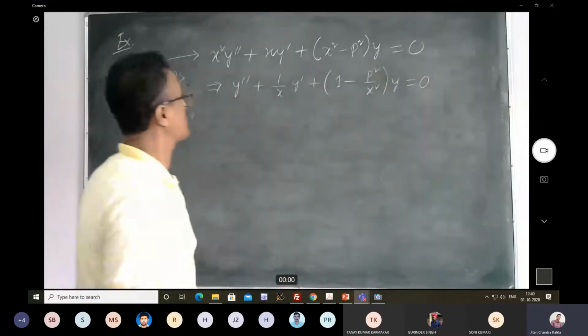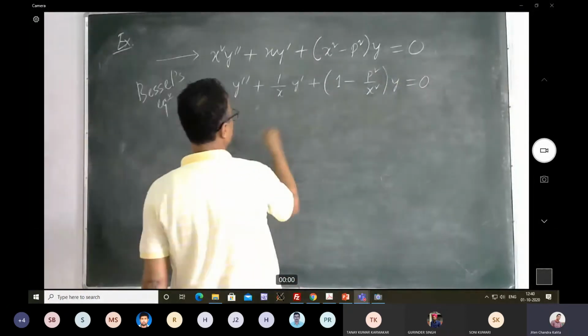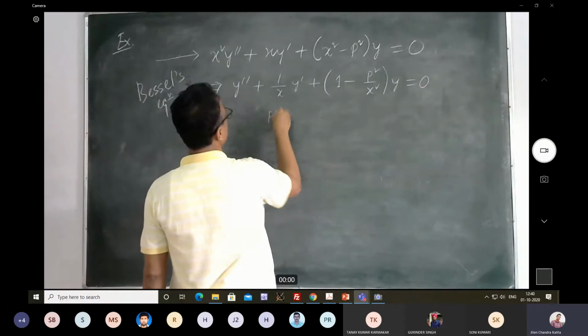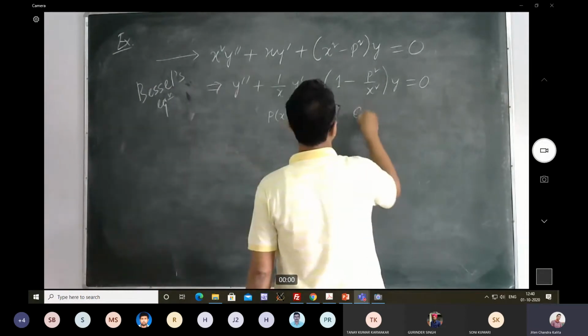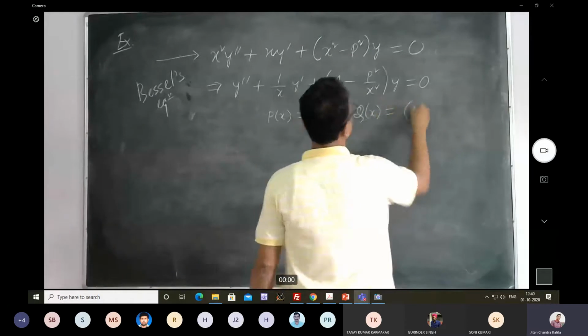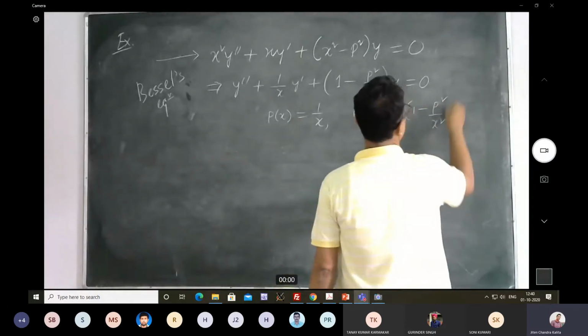If I reduce it to normal form, it is going to look like this. From here, you know that the coefficient is 1 by x and Q(x) is 1 minus p squared by x squared.